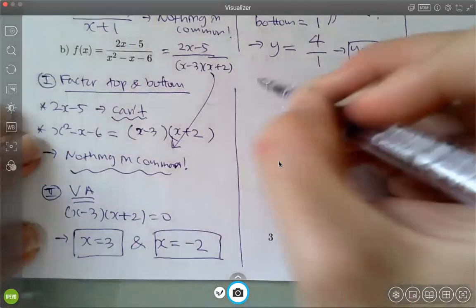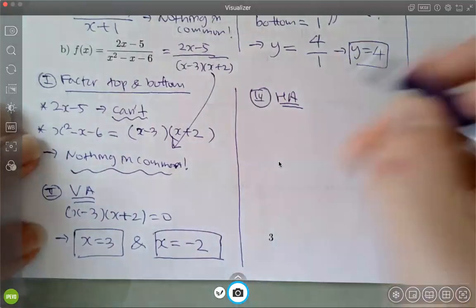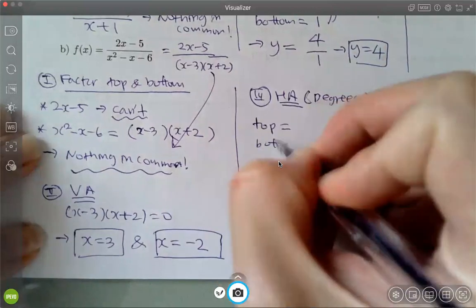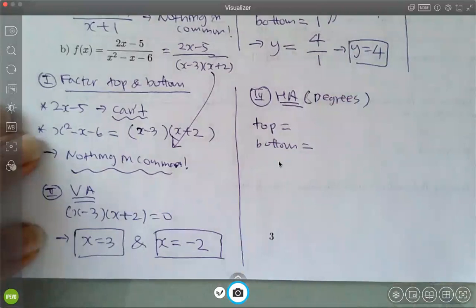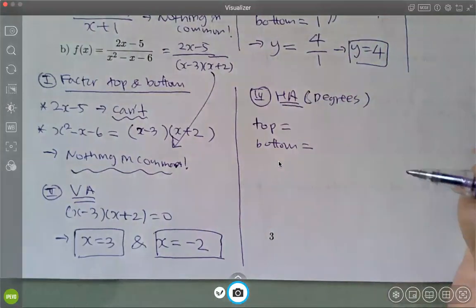And horizontal. Okay, so remember you look at the degrees for the horizontal asymptote. What is the top degree and what is the bottom degree? What is the top degree? 1.